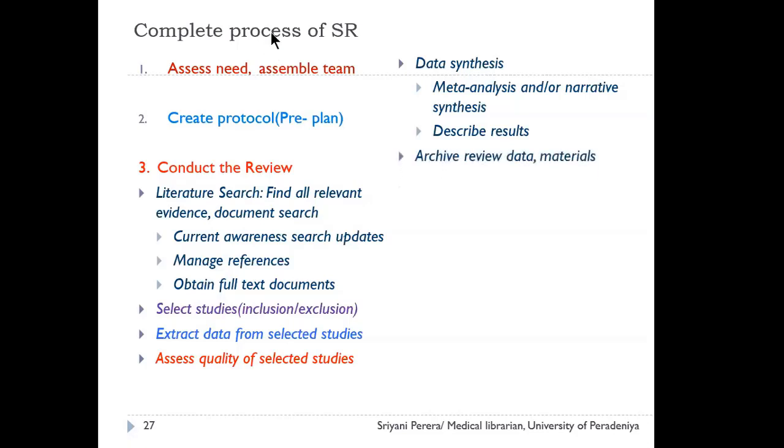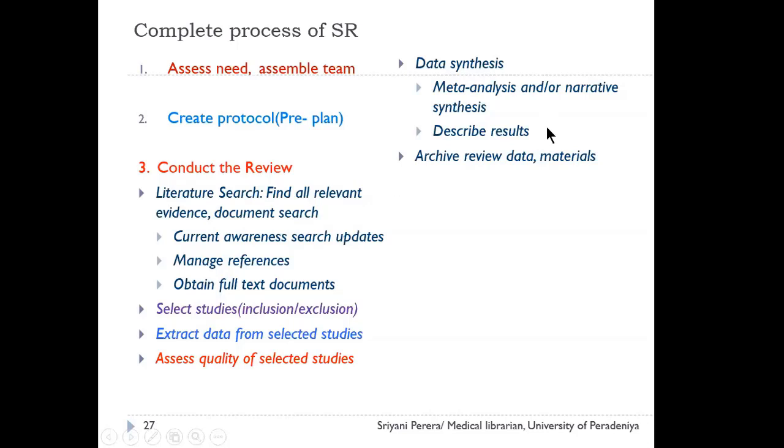Right. Now describe results, and then archive review data and material. That is also part of the procedure. All the material and whatever we do has to be documented. It has to be there as archival material.